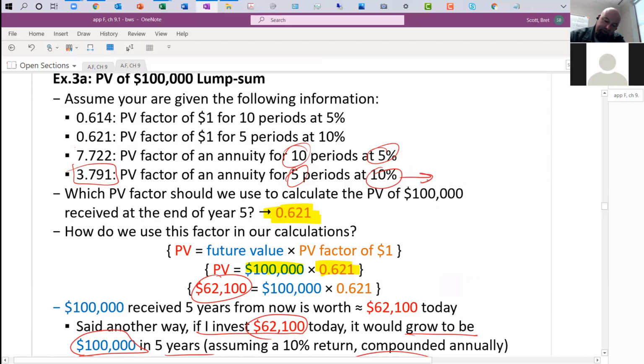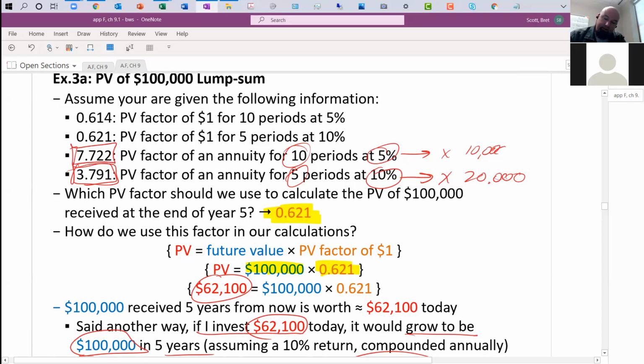So we were using this factor, the 3.791. We're multiplying that by 20,000. But if we're getting paid more frequently, where it's like 10,000, it's a smaller amount, just paid out more frequently. Then the factor we're using is much higher. It looks like it's almost double.